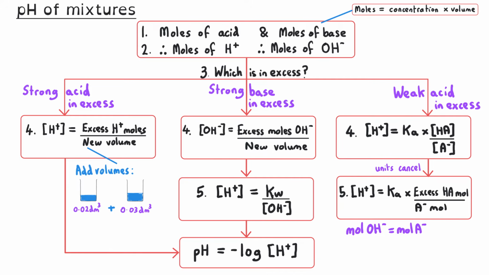And so it's this term that we substitute in to our expression to find the hydrogen ion concentration. And you'd probably get a mark for this pathway for stating that the moles of A- is equal to the moles of OH- used. And then, having got this H+ concentration, our final step is to work out the pH by taking the negative log of this value.